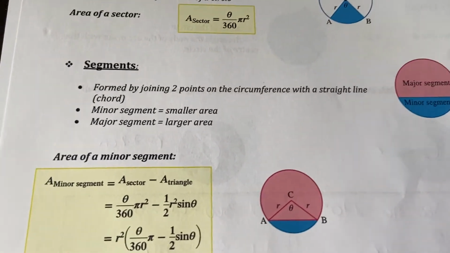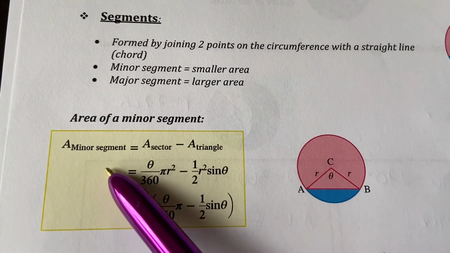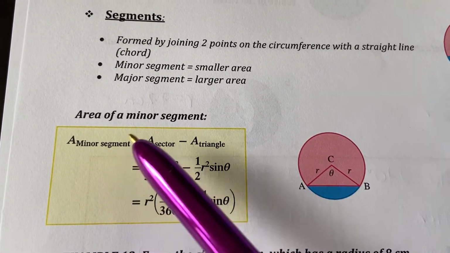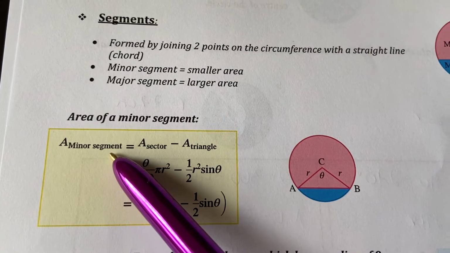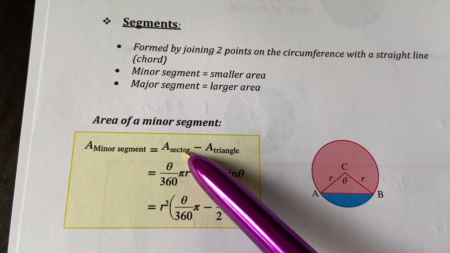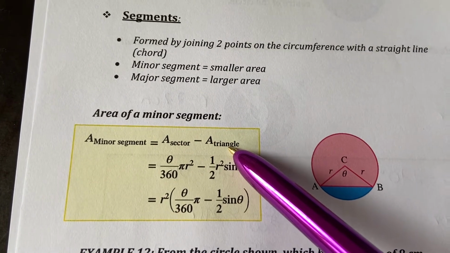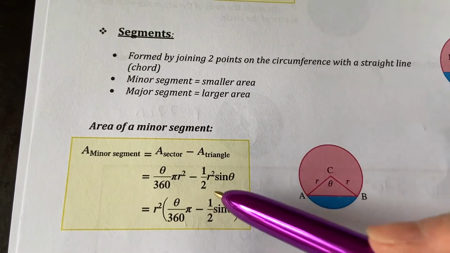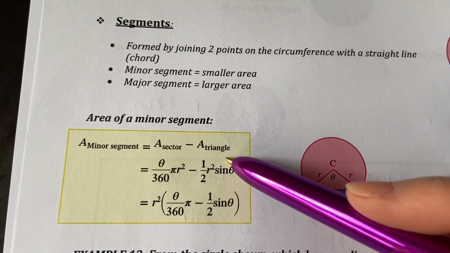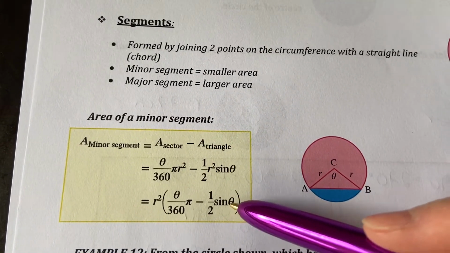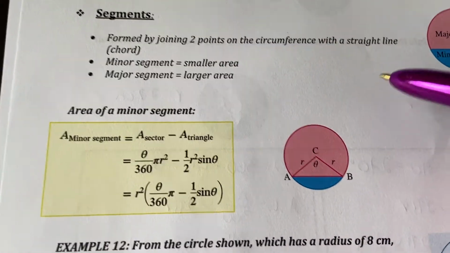We've got the area of the minor segment bit, okay? So the area of the minor segment is the area of the sector minus the area of a triangle. Again, it's not the end of the world if this makes not much sense, as long as you remember the formula or can find the formula to use.